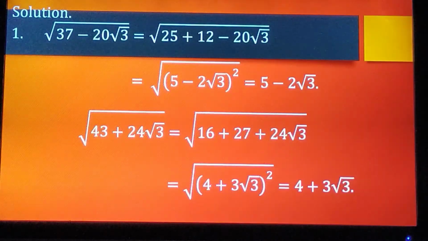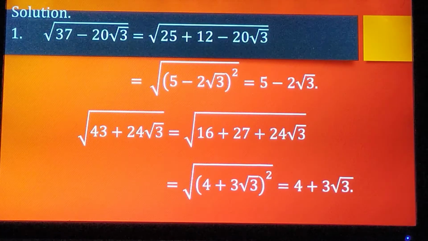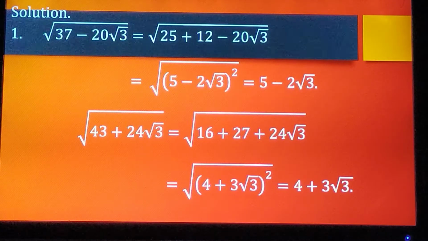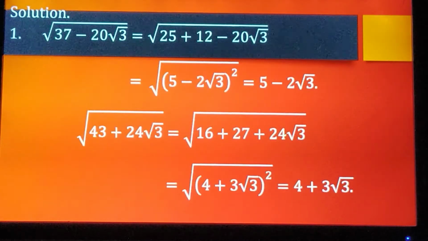Okay, so the technique is to write the integer part as the sum of a perfect square and a square multiple of the second radicand. The second radicand here is 3.